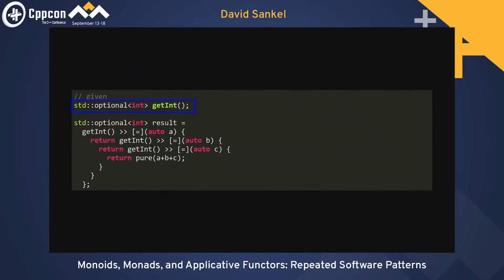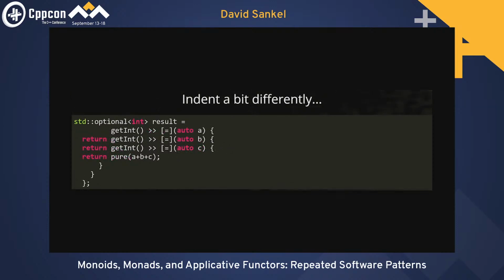Here we have an optional of int getInt function. And here we use the monadic bind to be able to start with getInt. You have some kind of syntax. GetInt, you have some kind of other syntax. GetInt, you have another kind of syntax, and you call pure of A plus B plus C. If you indent this a little bit differently, it looks like this.